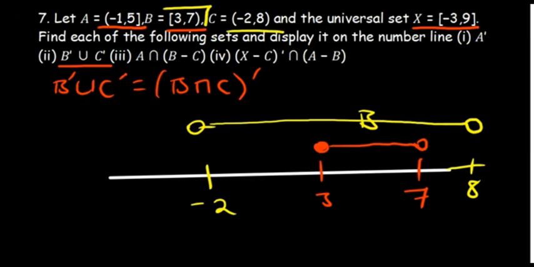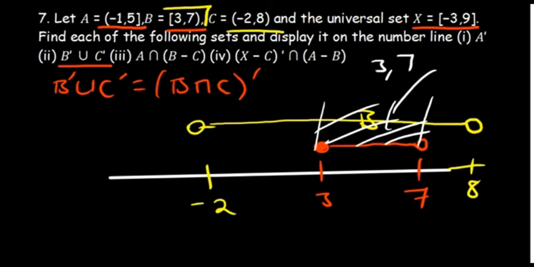So therefore, for the intersection you need to go for the common region, which is part of both sets. So it's this region. That region is overlapping, so it's between 3 and 7. And what will guide you is the smaller what? The smaller set. So the smaller one is moving from 3 to 7, and I'll use a square bracket for the left hand side.